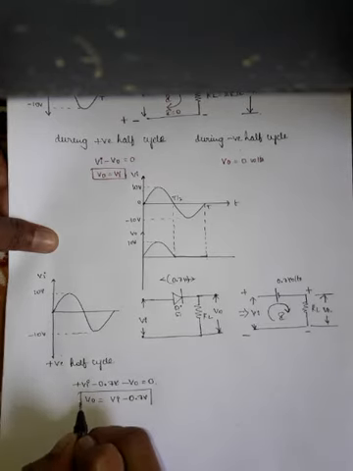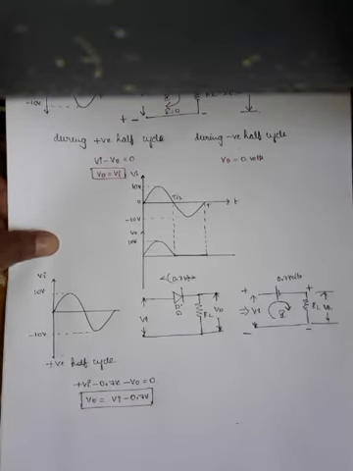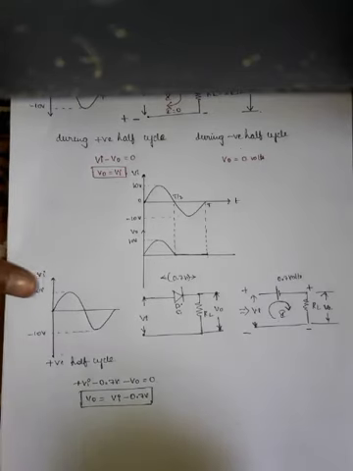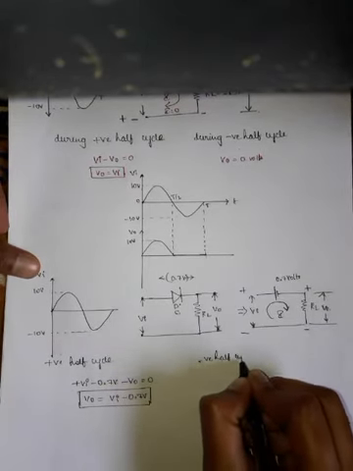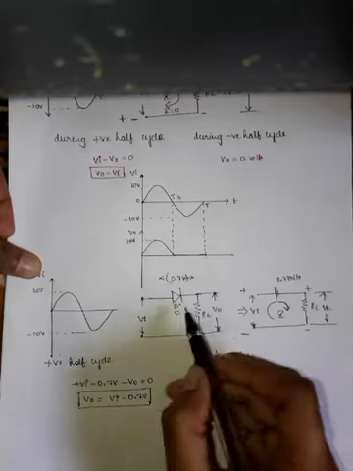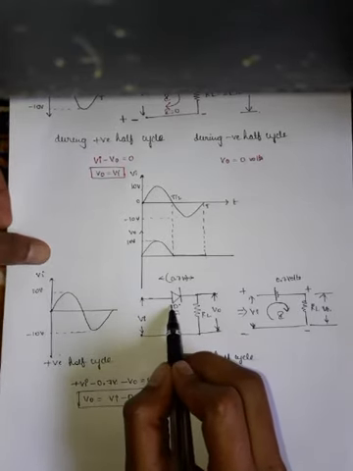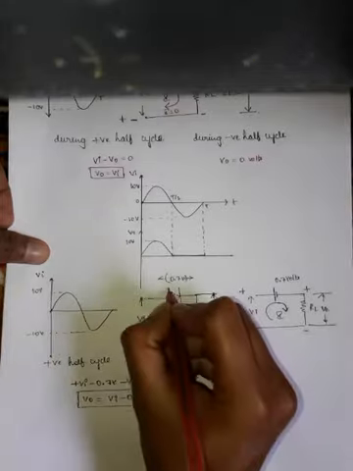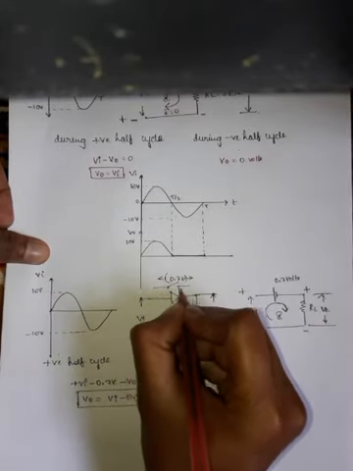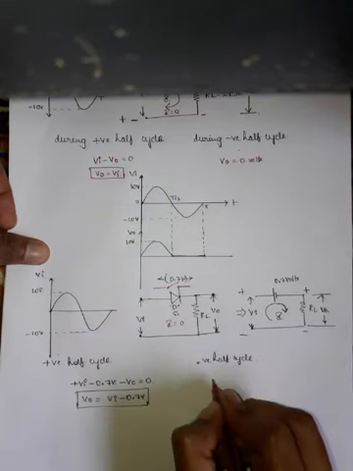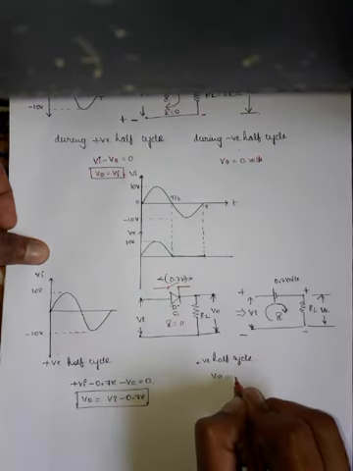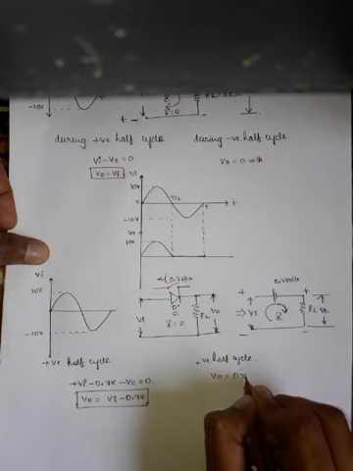This is the expression for V0 during the positive half cycle. Same thing, if we consider the negative half cycle, the diode will be in the reverse bias condition. It will act as an open switch. Therefore, there is no current flowing through the circuit. The output voltage V0 will be equal to 0 volts.